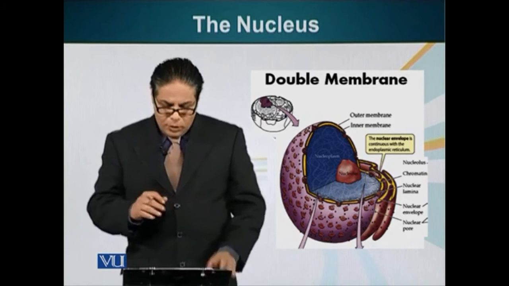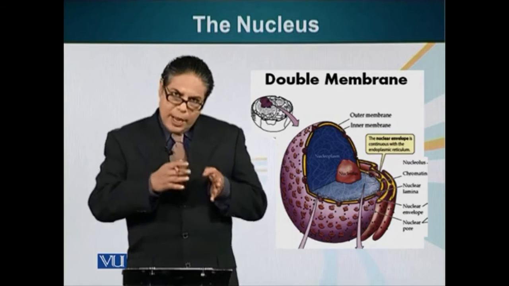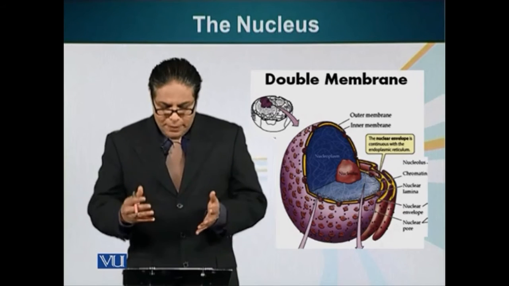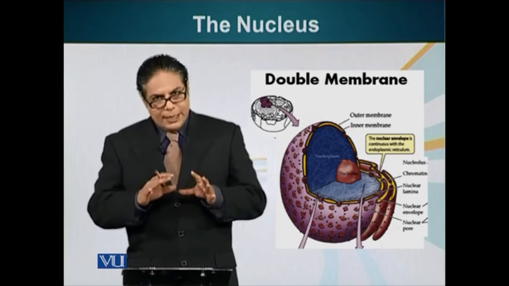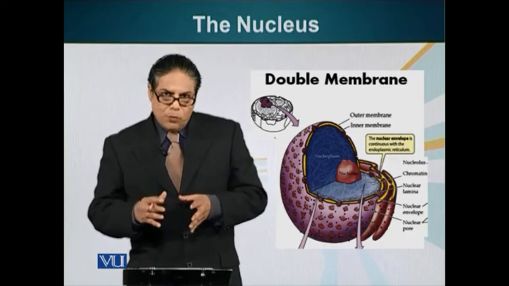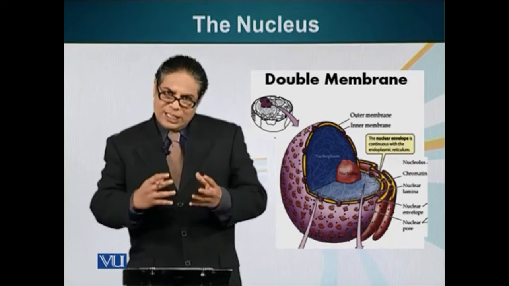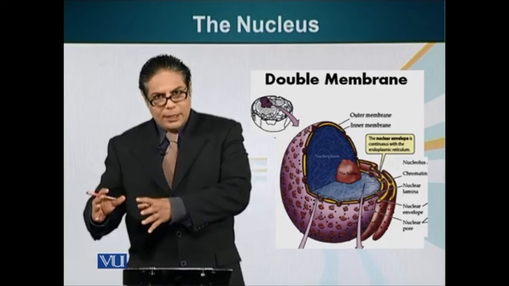These nuclear pores also have to allow different material to go inside the nucleus. For example, ribosomes, when they're assembled inside the nucleus, the protein has to move into the nucleus where it is assembled into the ribosome, and then that ribosome is expelled out of the nucleus.